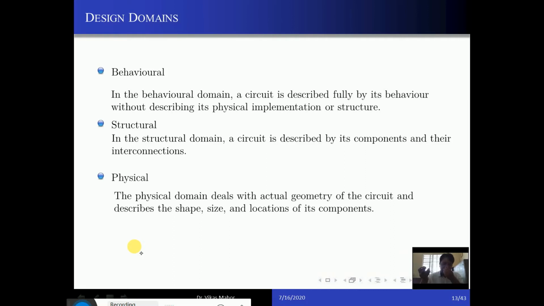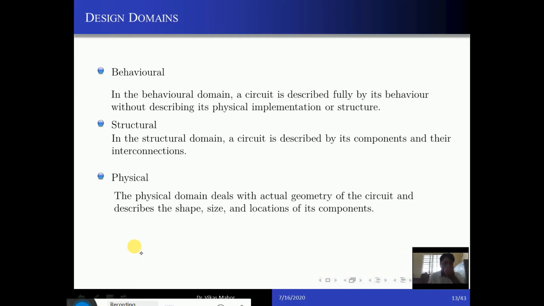Fine. For example, if you are designing an IC, then what is the behavioral domain of that IC? You are trying to explain how this IC will behave. This IC will take how much voltage, what types of input it can take, what type of output it will generate. So that is ultimately the behavioral domain.